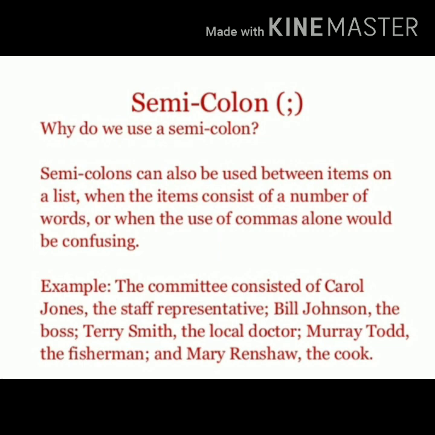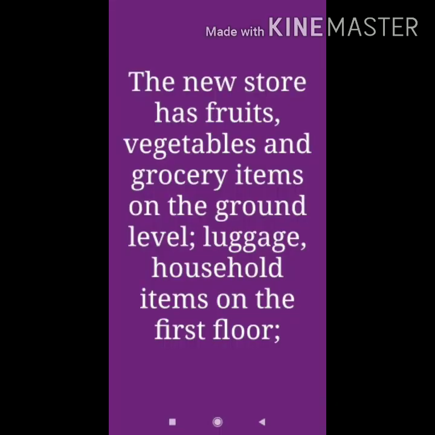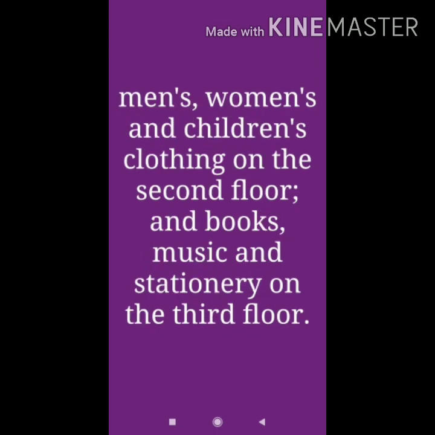I will give you one more example on the same rule, and I think then it will be more clear to you. The next example says, the new store has fruits, vegetables and grocery items on the ground level; luggage, household items on the first floor; men's, women's and children's clothing on the second floor; and books, music and stationery on the third floor.